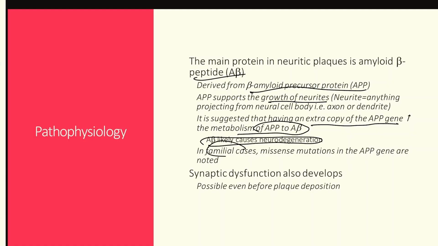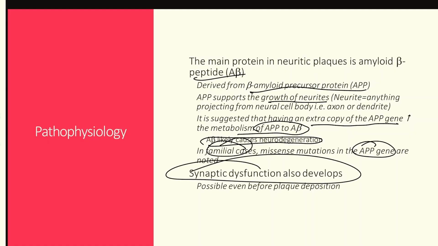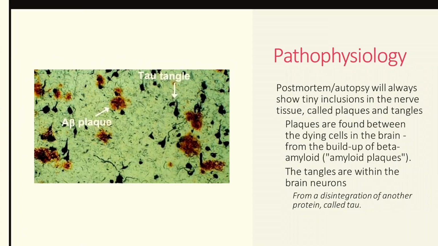So this is where they have these familial cases, and they have the mutation in the APP gene. Because we are messing up the neurites, synaptic transmission is affected, and we have problems connecting the synapses. Nothing transmits, nothing happens. So here's an autopsy. This is histology.